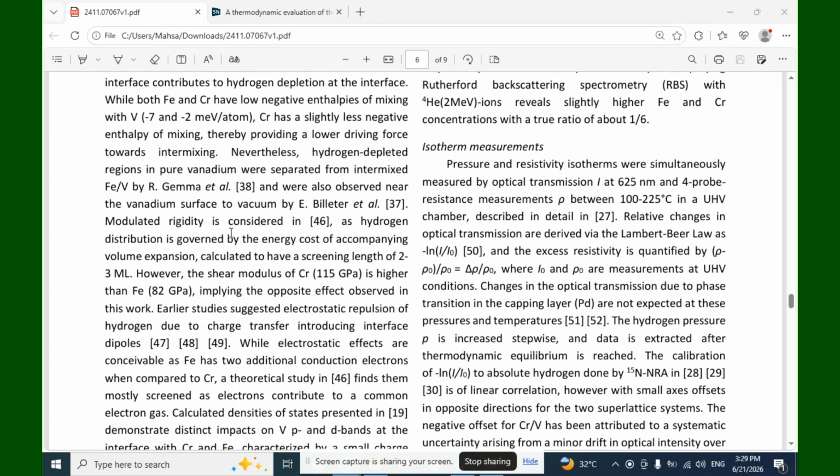Modulated rigidity is considered in 46 as hydrogen distribution is governed by the energy cost of accompanying volume expansion, calculated to have a screening length of 2 to 3 monolayers. However, the shear modulus of Cr, which is equal to 115 gigapascal, is higher than Fe, which is 82 gigapascal, implying the opposite effect observed in this work.